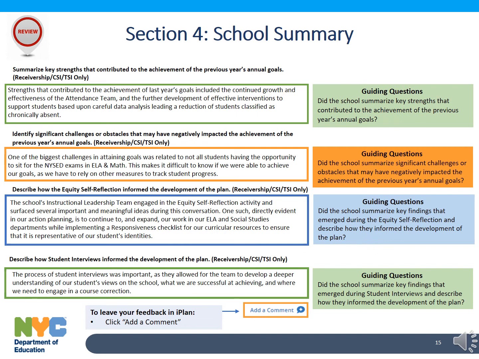Again, these schools have been identified by New York State and are asked to summarize key strengths and challenges that they experienced in achieving the previous year's annual goals. The expectation is that schools will reflect back on the 2021-22 school year and use both their successes as well as their opportunities for improvement to inform the development of this year's plan.